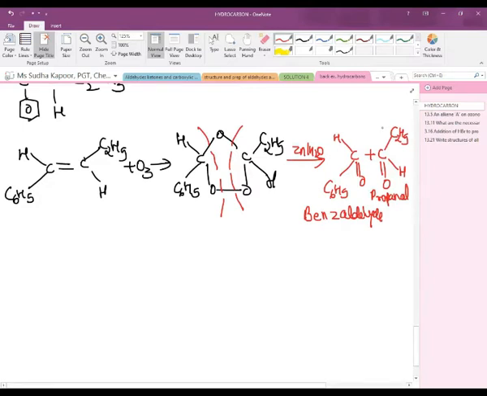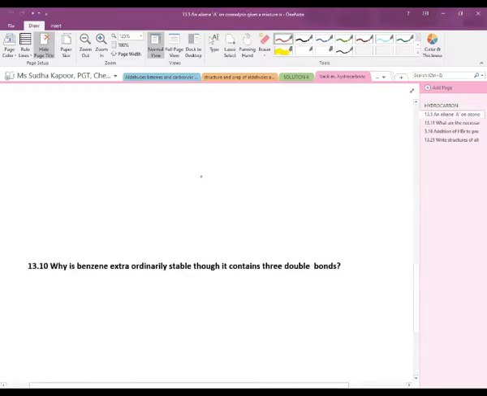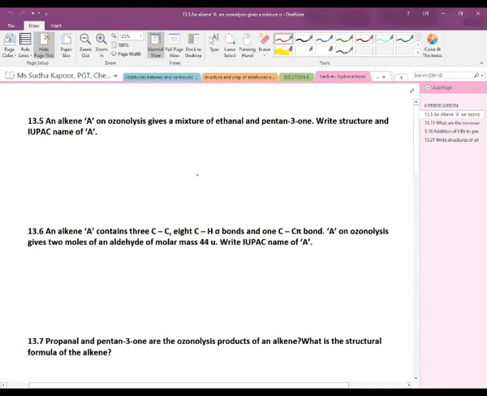Now let us come to the 5th question. This is also a very important question based on the ozonolysis phenomenon. An alkene A on ozonolysis followed by zinc and water in the second step, the first step being ozonolysis, results in the formation of ethanal and pentan-3-one.